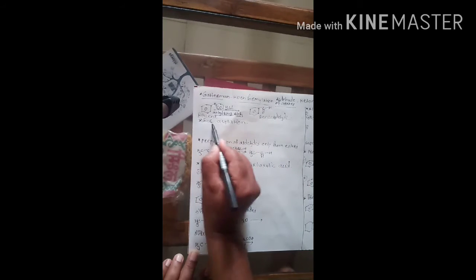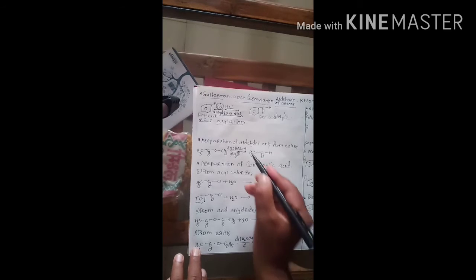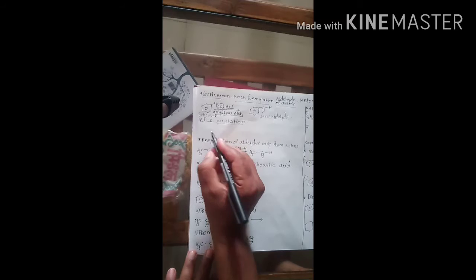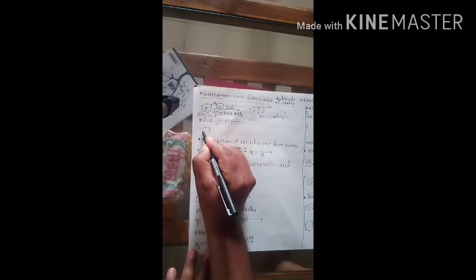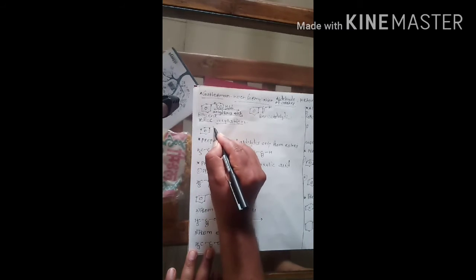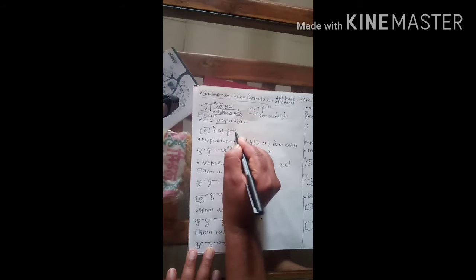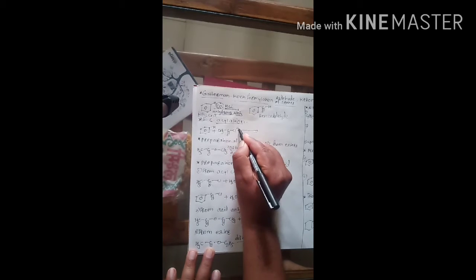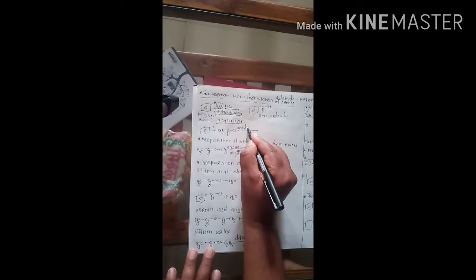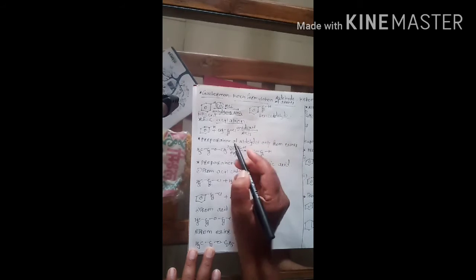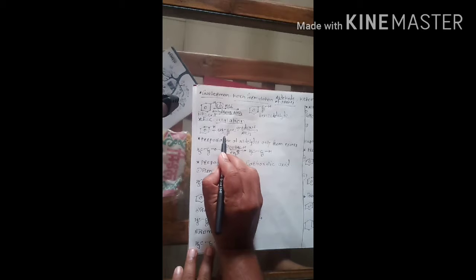Next reaction is Friedel-Crafts acylation. This reaction you learned in 11th standard. That is, when benzene is treated with acid chloride CH3COCl in presence of anhydrous AlCl3, or in presence of acetic anhydride.